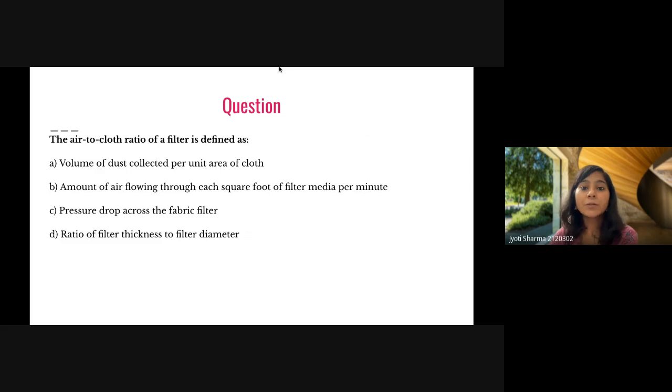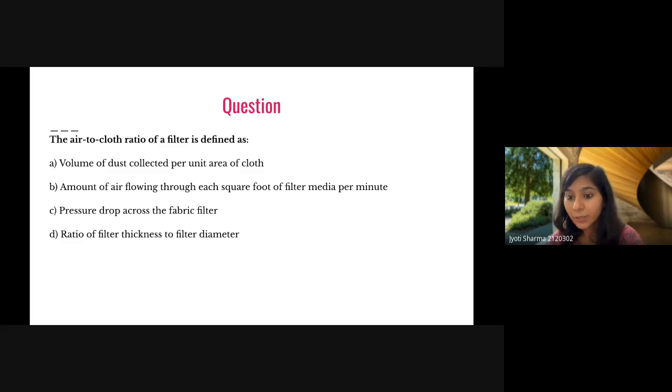Because we were talking about the efficiency of the fabric filter, the most important design parameter was the air-to-cloth ratio. Can you define the air-to-cloth ratio? Volume of dust collected per unit area of cloth, amount of air flowing through each square foot of filter media per minute, pressure drop across the fabric filter, or ratio of fiber thickness to fiber diameter?